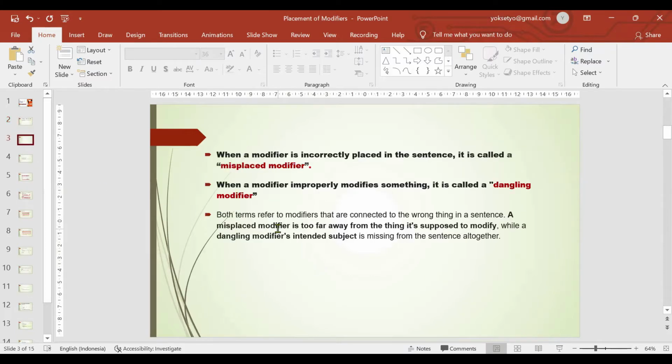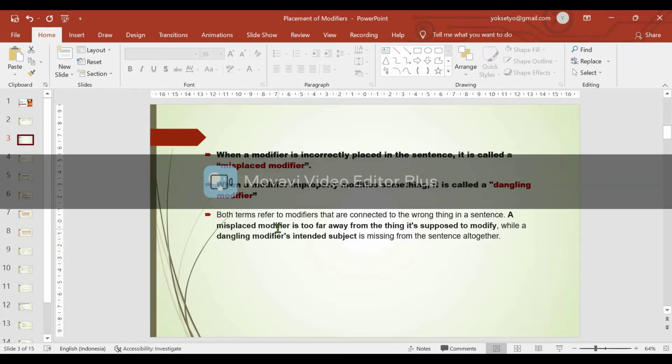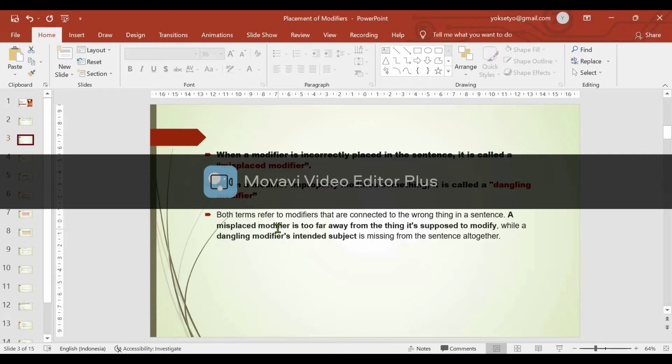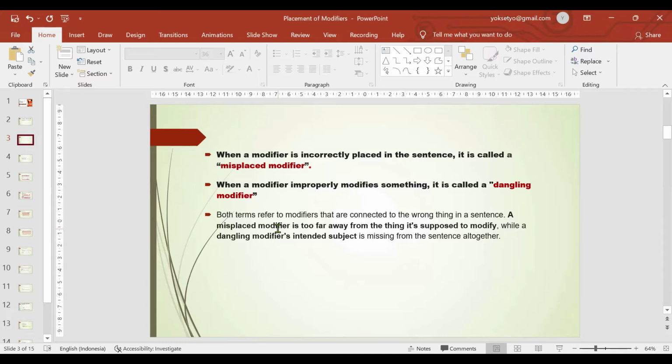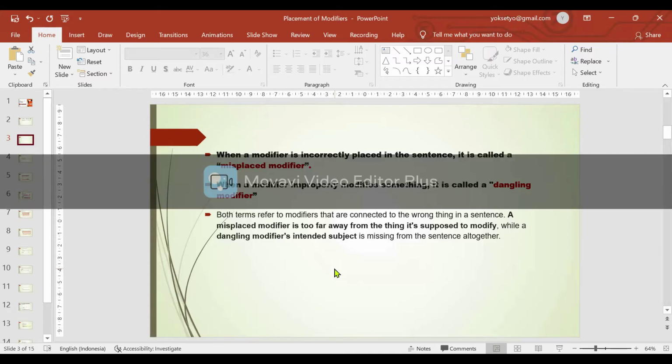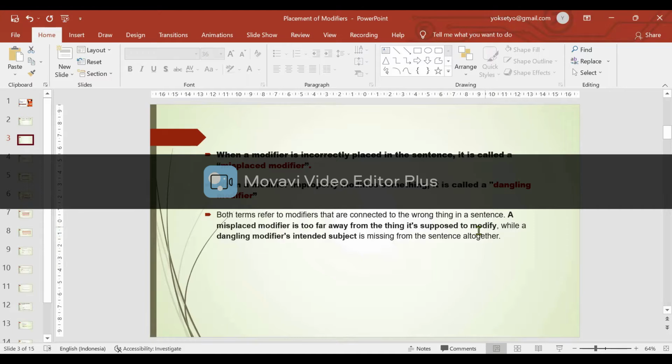When a modifier is in the incorrect place in the sentence, it is called a misplaced modifier. But when a modifier improperly modifies something, it is called a dangling modifier. Both terms refer to modifiers that are connected to the wrong thing in a sentence.